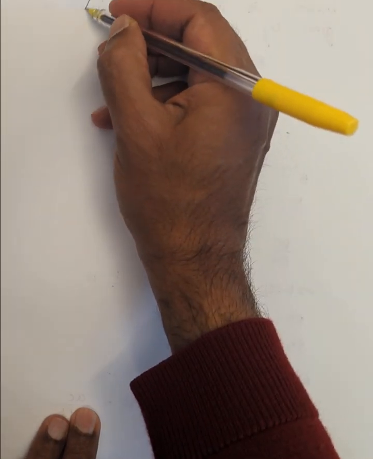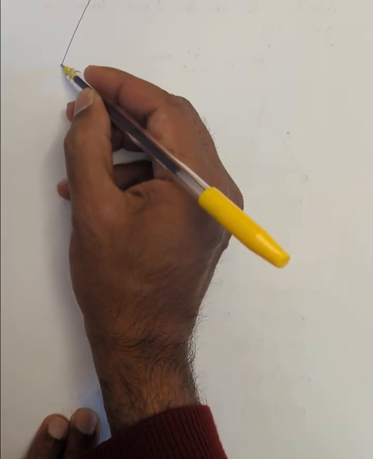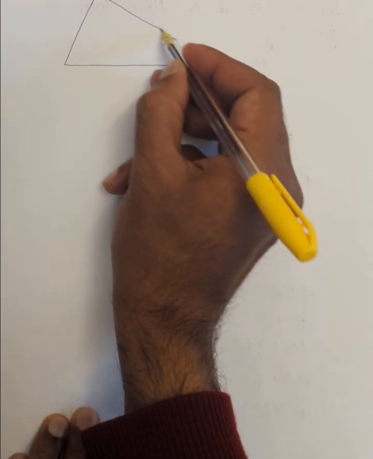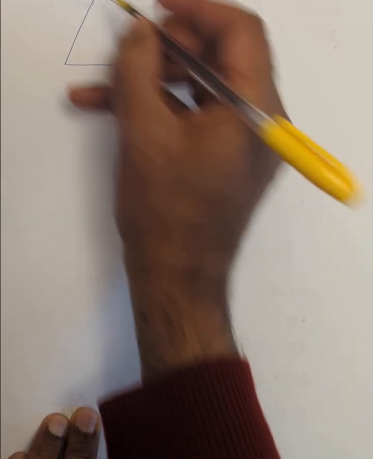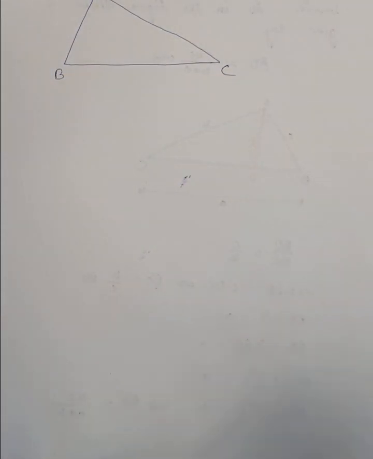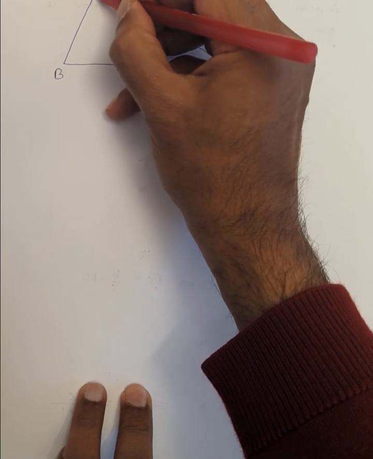So let's go ahead and redraw the triangle. And this time we will label BD. So our original triangle, ABC. Then let's go ahead and draw the angle bisector.